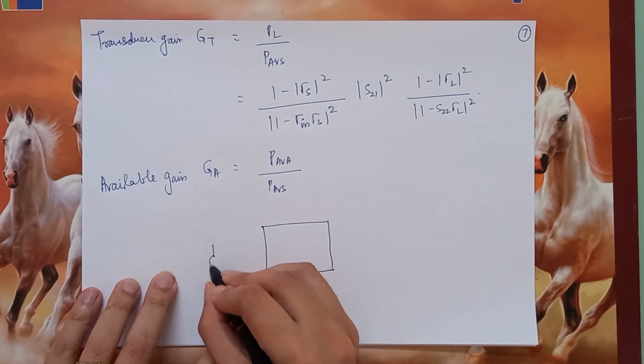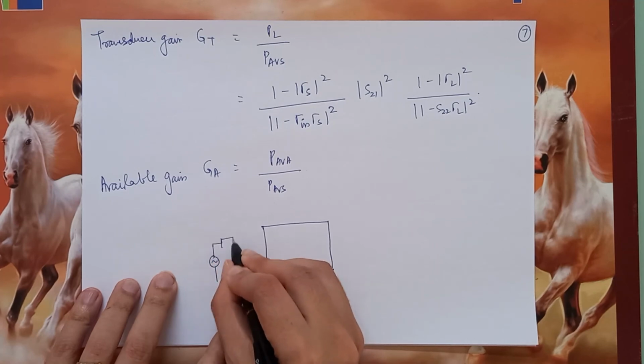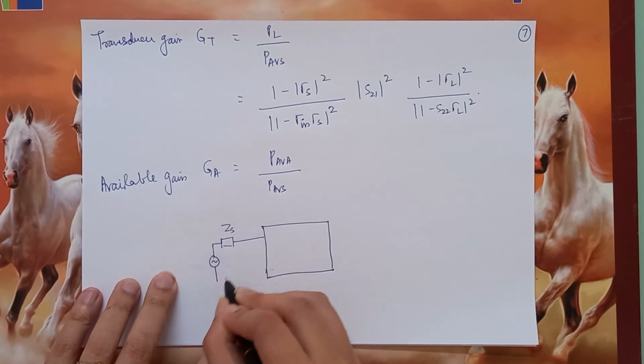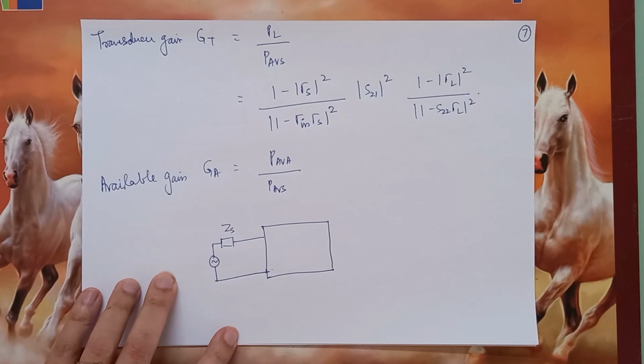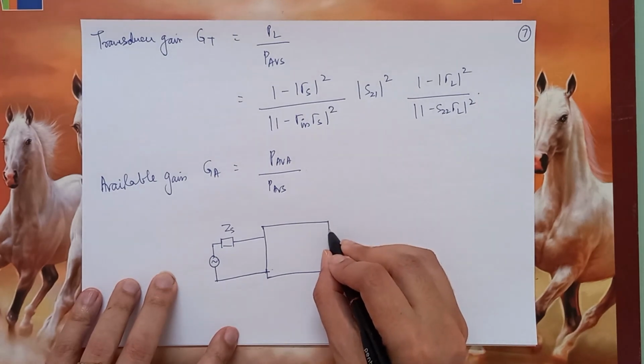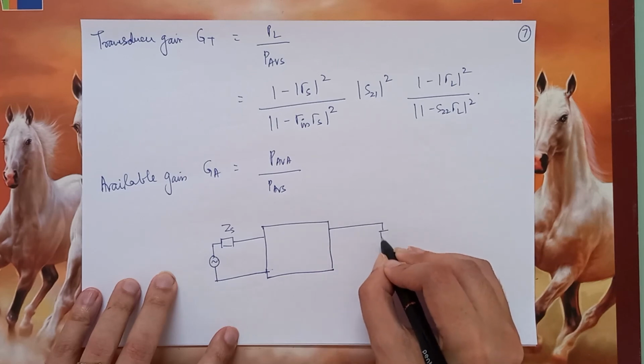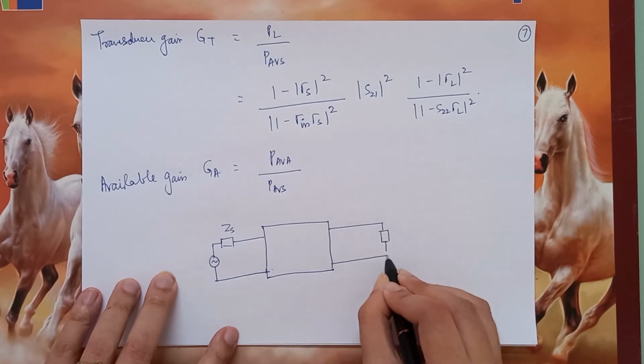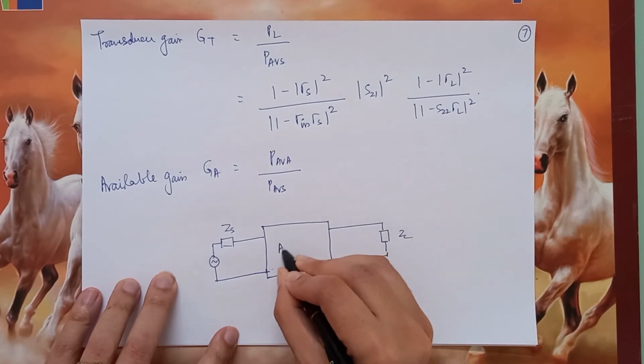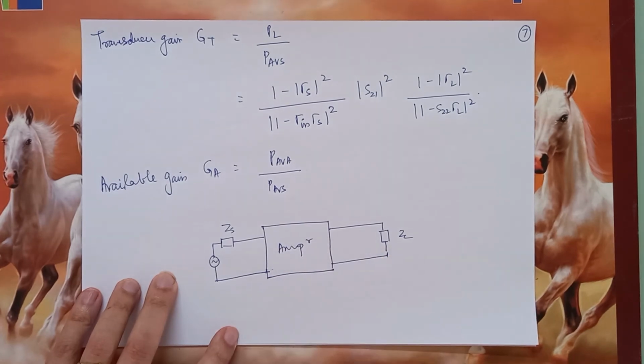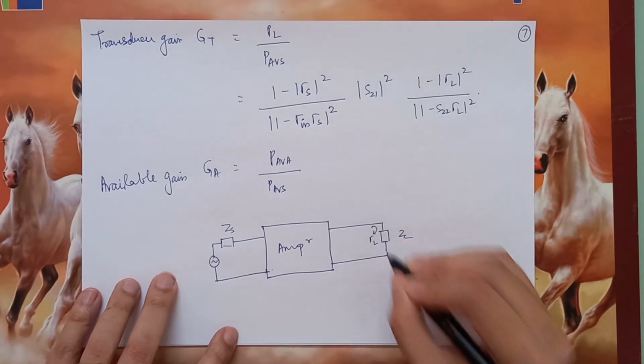So let us say there's a source over here, some ZS, and there is some load at port 2, that is ZL. This is my amplifier. So over here there will be some gamma L.